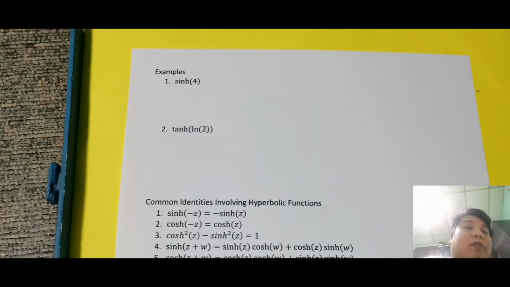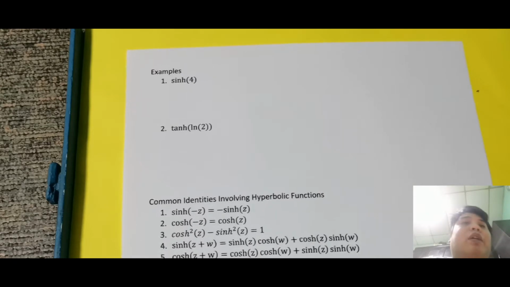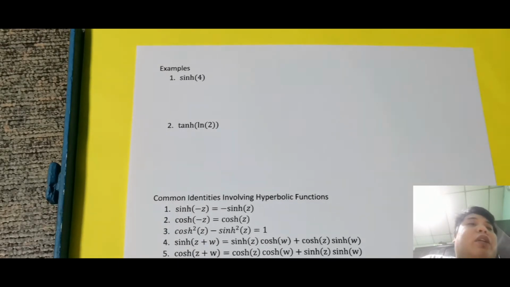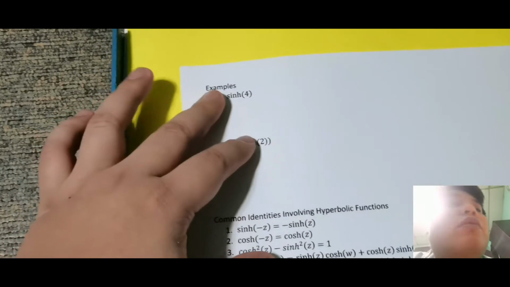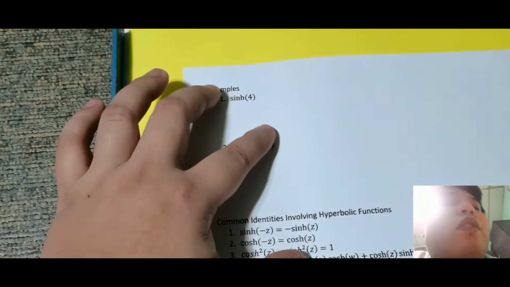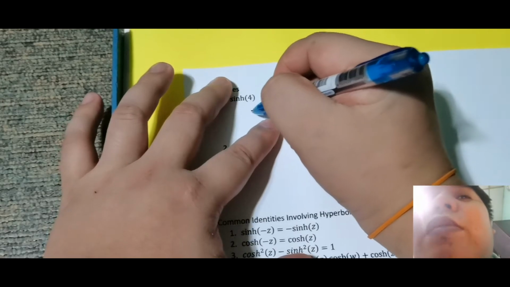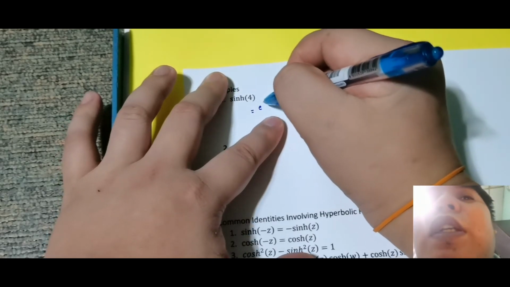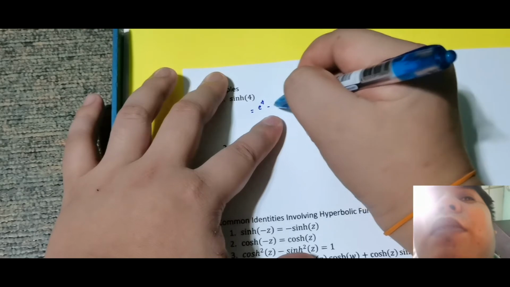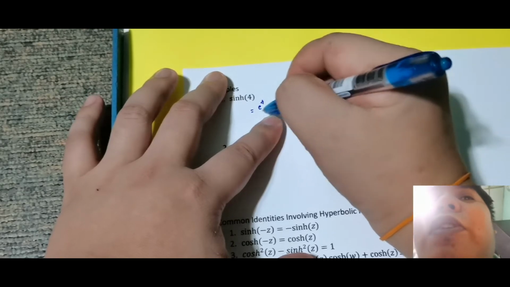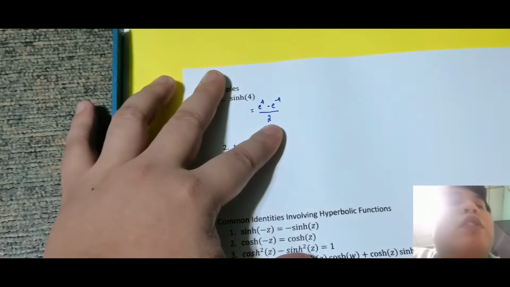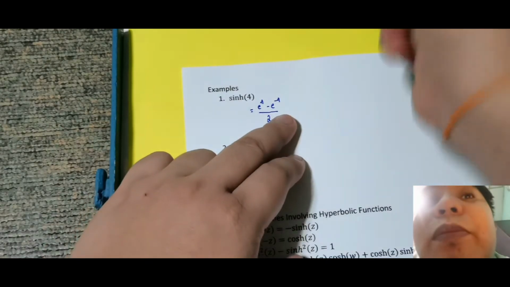Okay, so let's have example dito sa ating hyperbolic function. So try natin to si hyperbolic sine of 4. So by definition of the function hyperbolic sine of z, this is equivalent sa e raised to 4 minus e raised to negative 4 all over 2. Siyempre, simplify lang natin further yan.